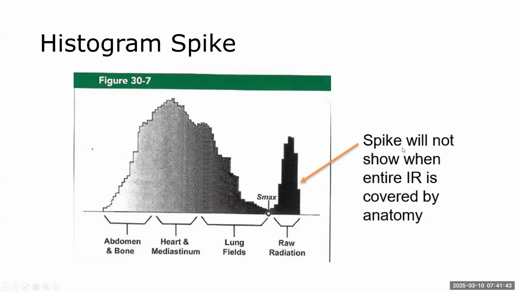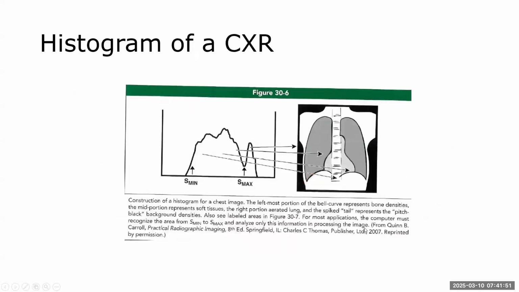Okay, so it tells you that this spike will not show when the entire IR is covered by anatomy. So, for example, in this chest x-ray, you can see that the minimum pixel values are plotted here. The maximum are plotted here. These values right here in this spike are not a part of the image anatomy, right?